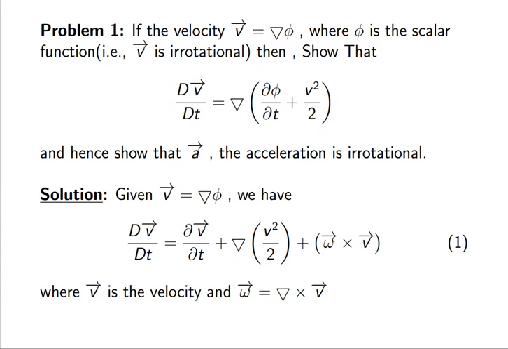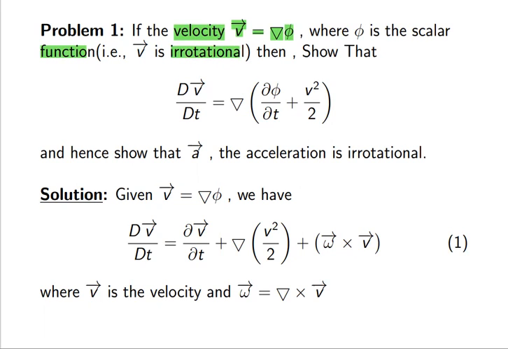The problem they have given: velocity v is gradient phi, where phi is a scalar function, that is, v is irrotational. That's the meaning of that.